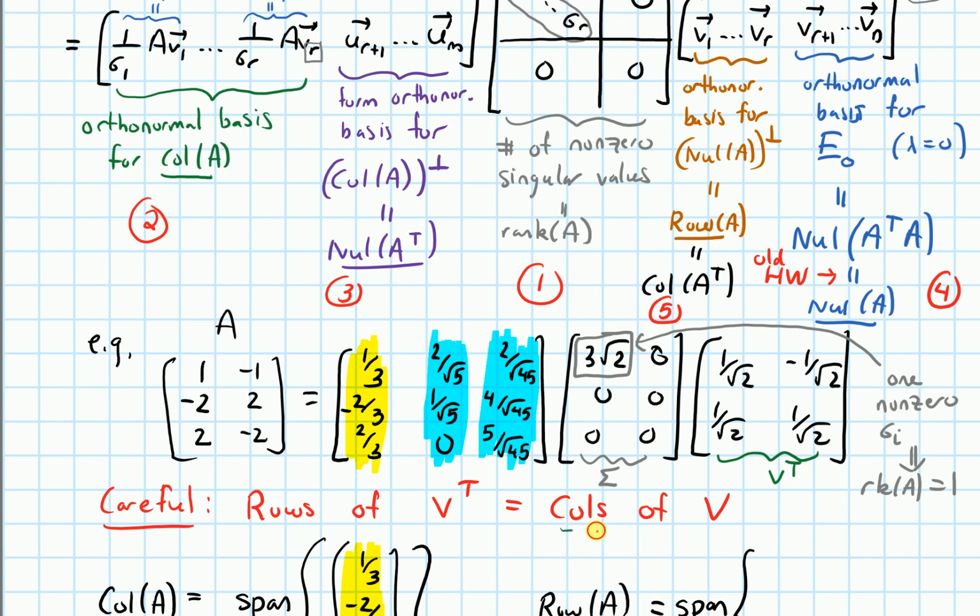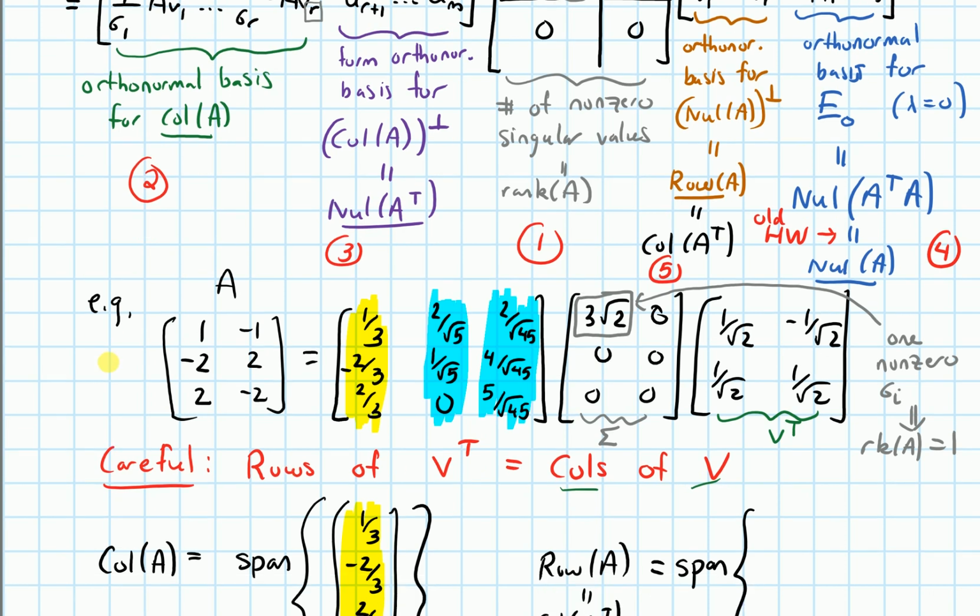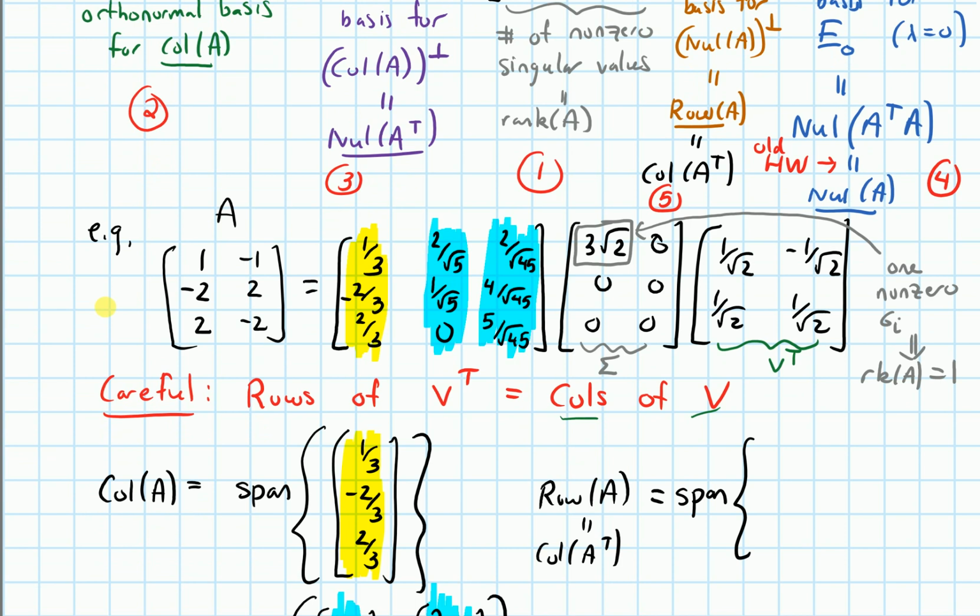But the first column of V is the first row of V transpose. So I need to be writing down the first row of V transpose. That is 1 over root 2, and then negative 1 over root 2. I'm writing that first row, but as a column vector. Okay, so this is a basis for the row space.